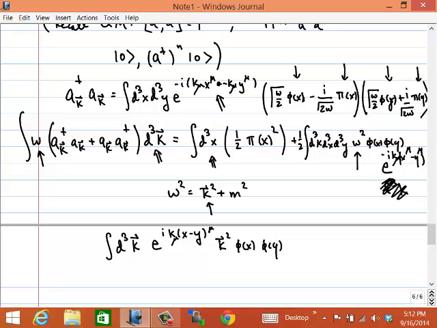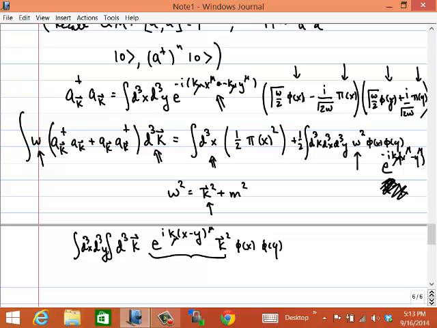And now you could use the trick that k times e to the i k dot x is exactly the same as the derivative of e to the i k x with respect to x. Okay. And we're integrating this d3x.